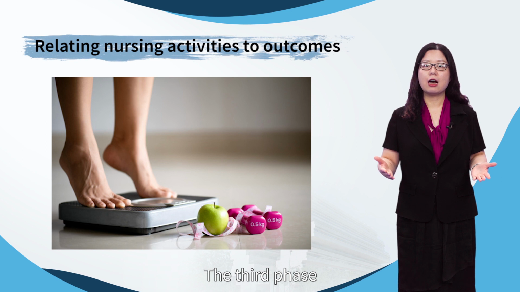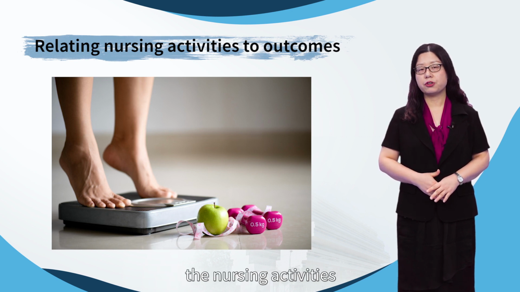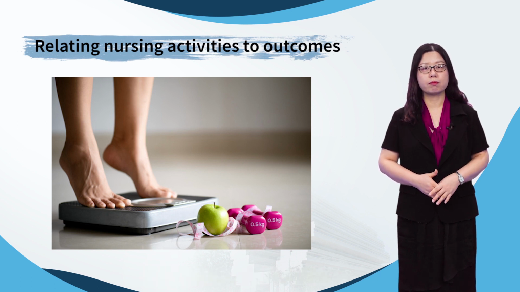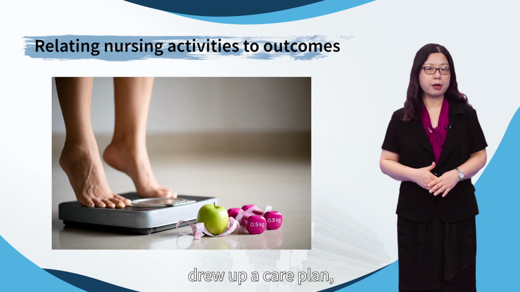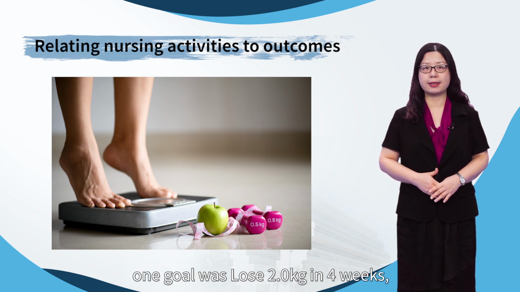The third phase of the evaluating process is determining whether the nursing activities had any relation to the outcome. For example, when the nurse and obesity patient draw up a care plan, one goal was lose 2 kilograms in 4 weeks.